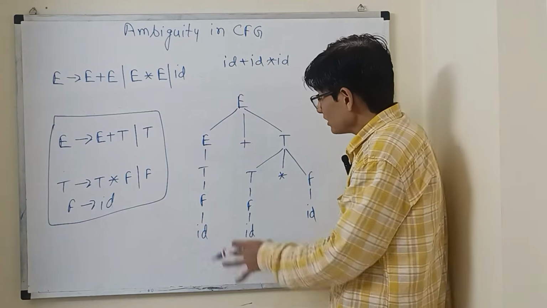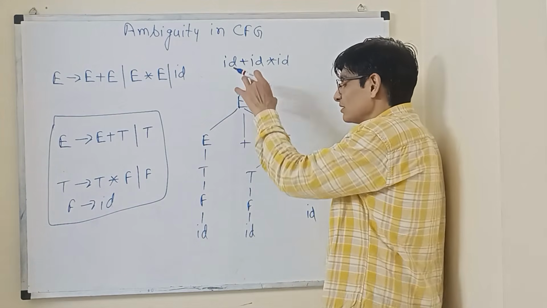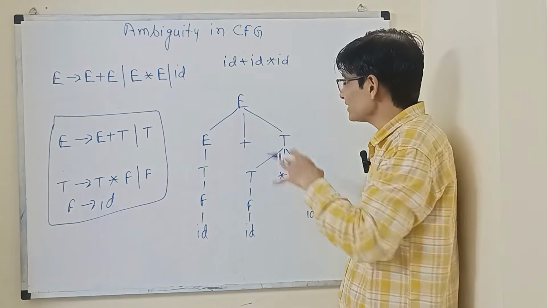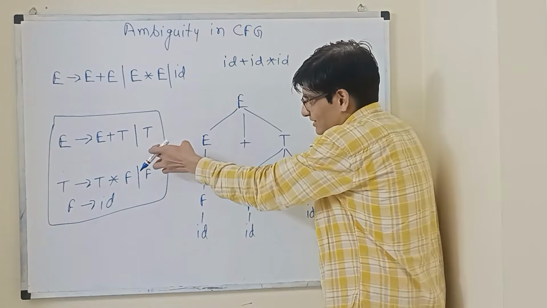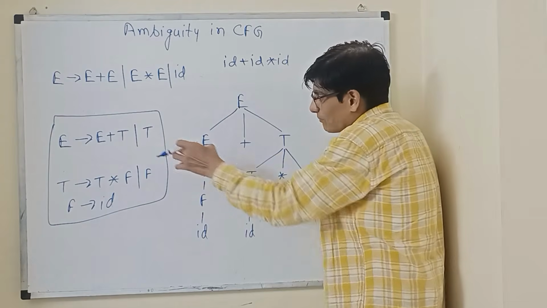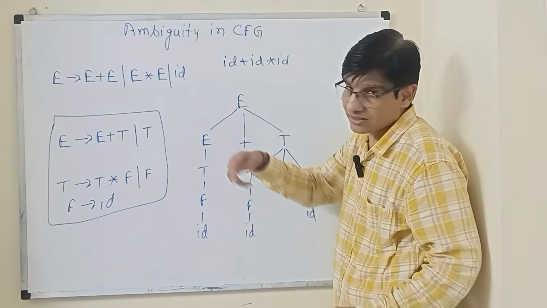So this is the only parse tree that you can generate from this grammar for this particular string. You cannot generate more than one parse tree for this string from this grammar. So this is the unambiguous grammar and this is the ambiguous grammar.